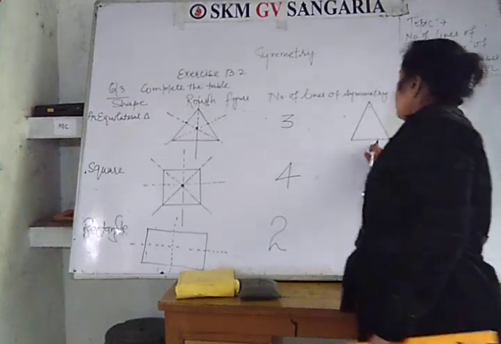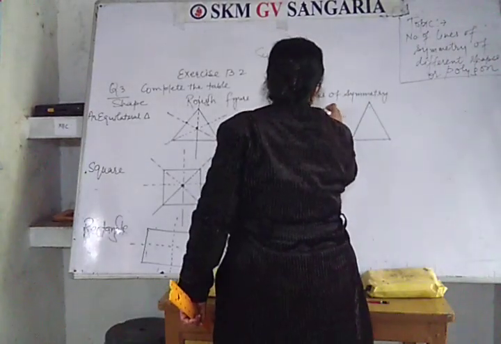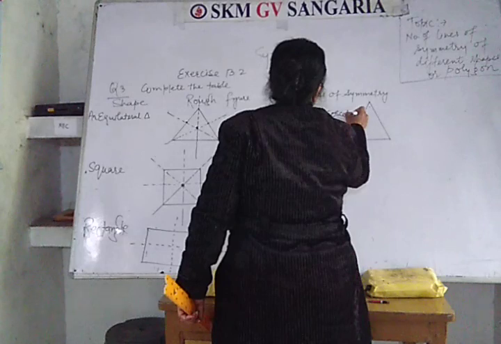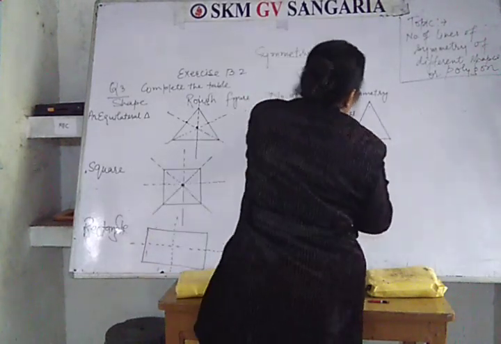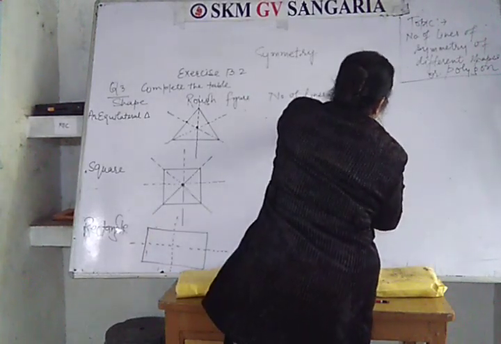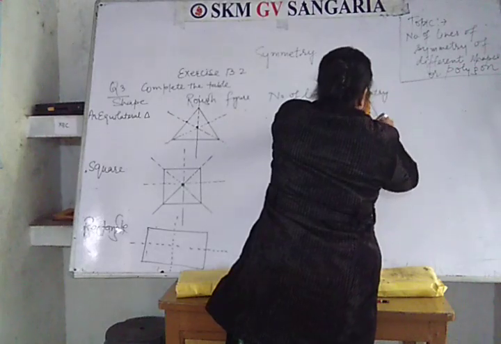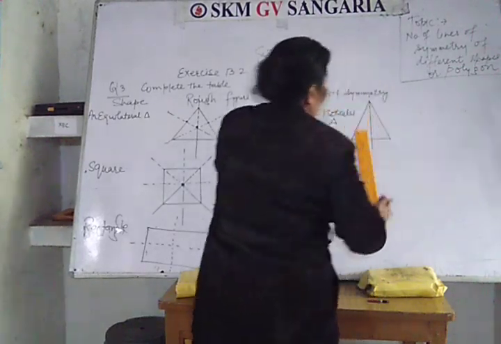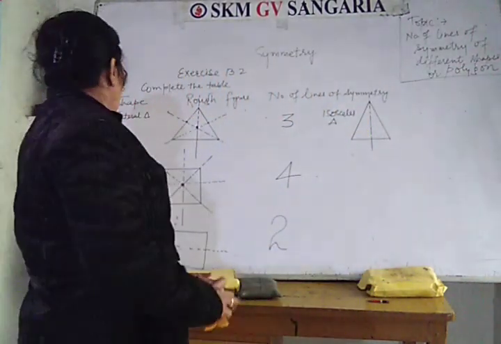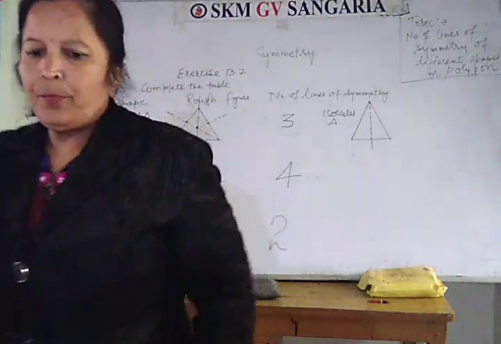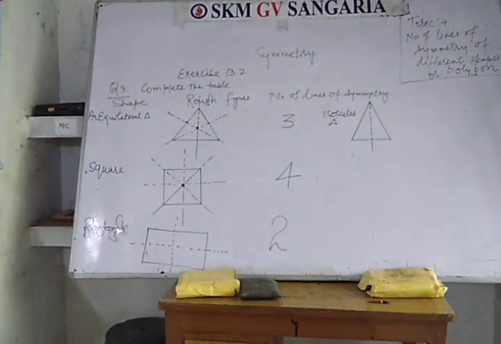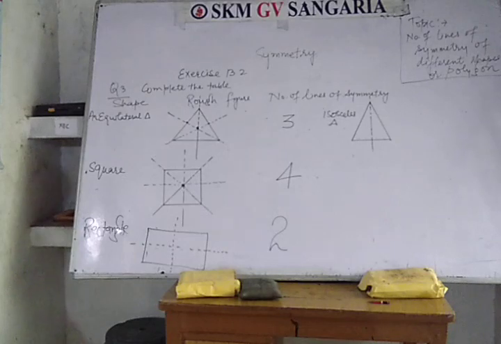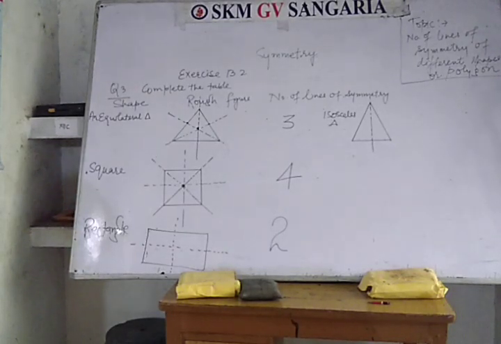So this is an isosceles triangle. Here only 1 line of symmetry is possible for an isosceles triangle.